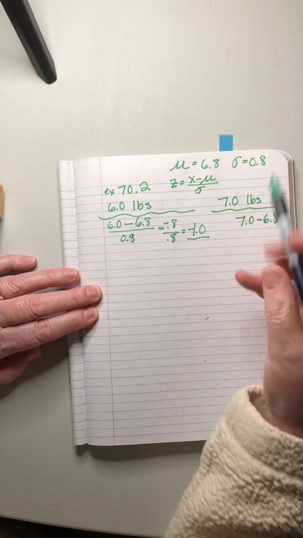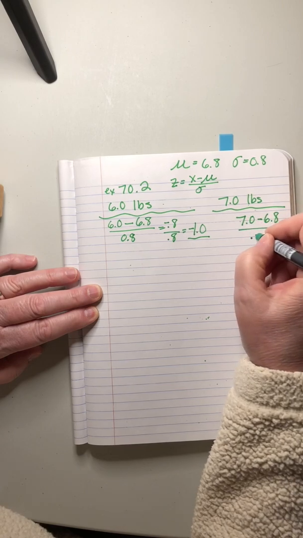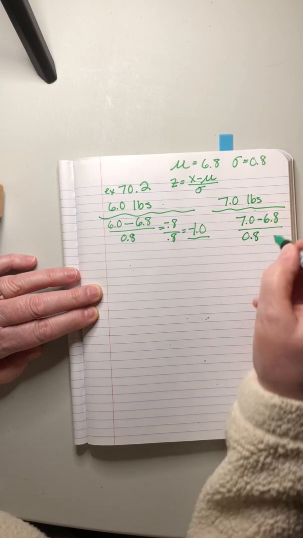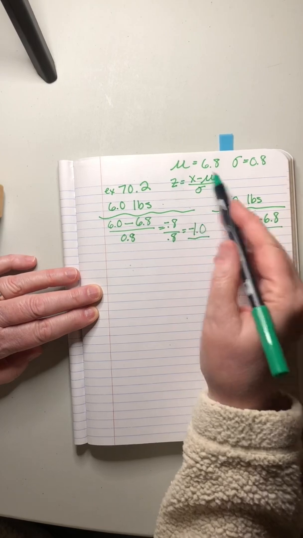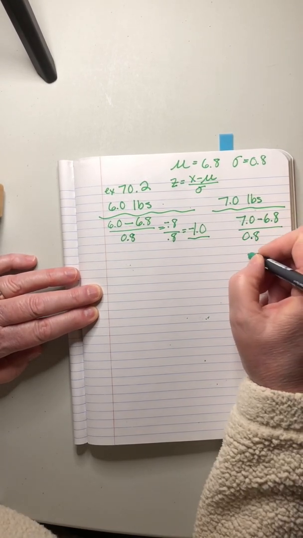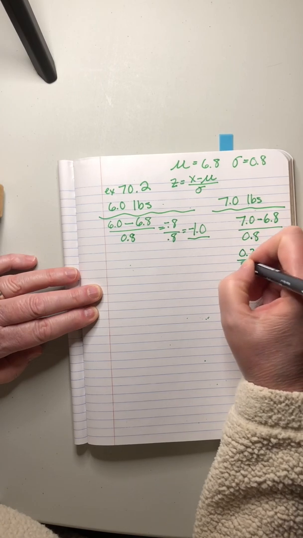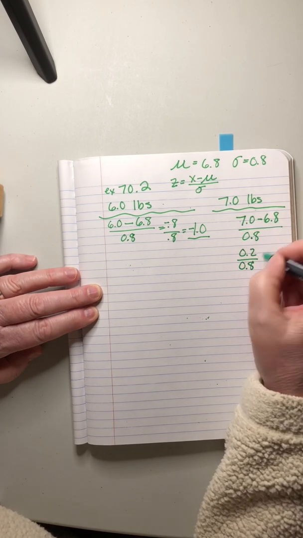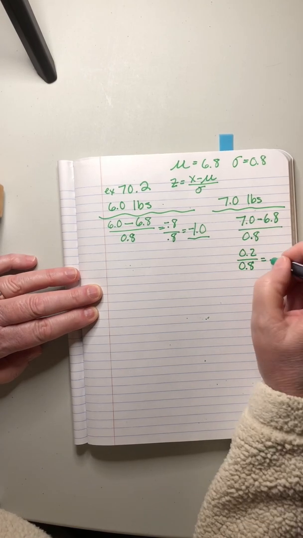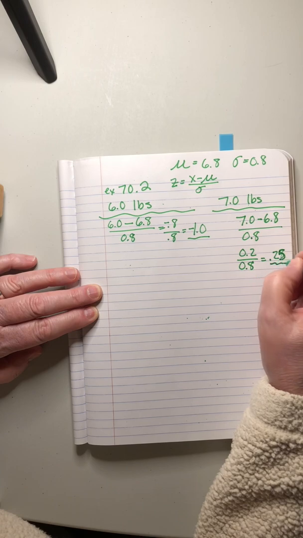Our standard deviation is 0.8. So there's the setup for our 7-pound babies. And this becomes 0.2 over 0.8, right? I just subtract. And that's the same as 1/4, so that's 0.25 positive.